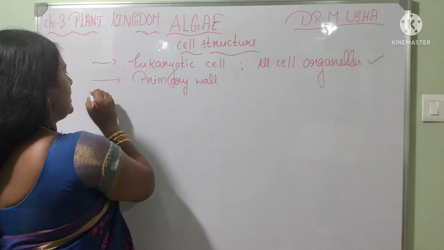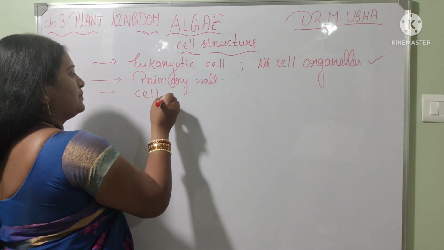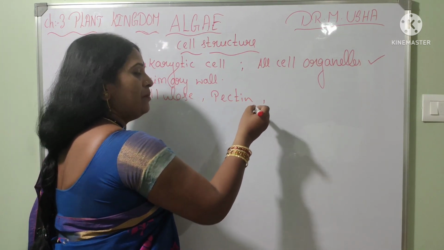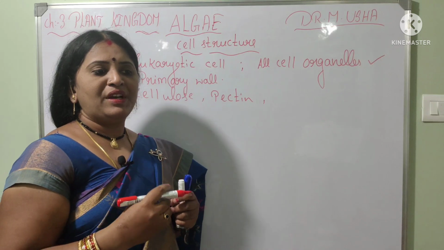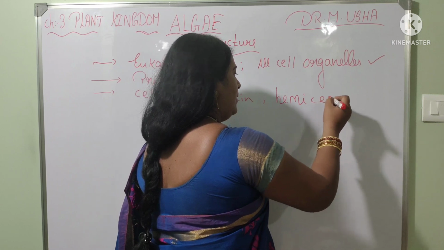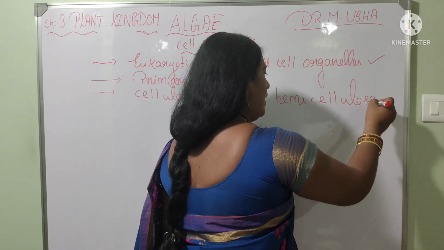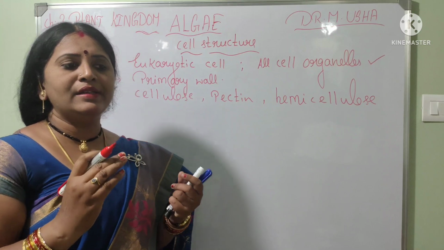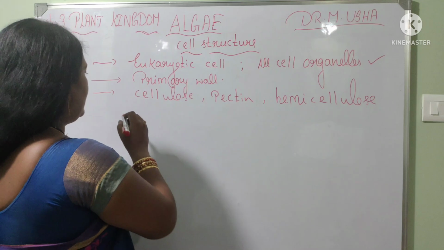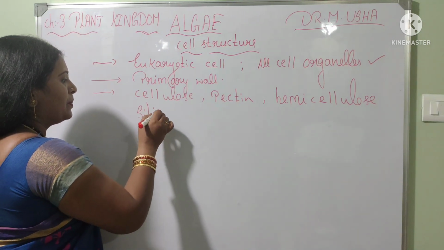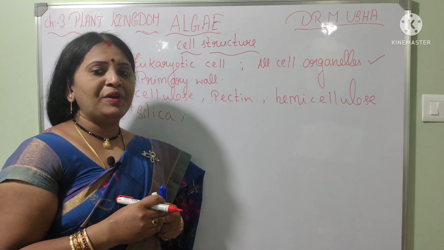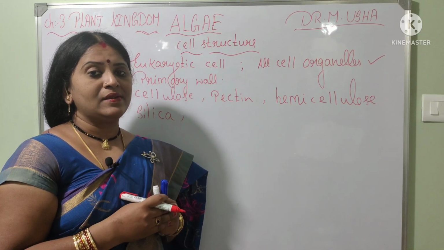So what is the main composition of this cell wall? Mainly we observe cellulose, after that pectin, and hemicellulose. I am talking about all algae, which have different kinds of cell wall composition. Then silica, which is also a very important component of the cell wall of diatoms.